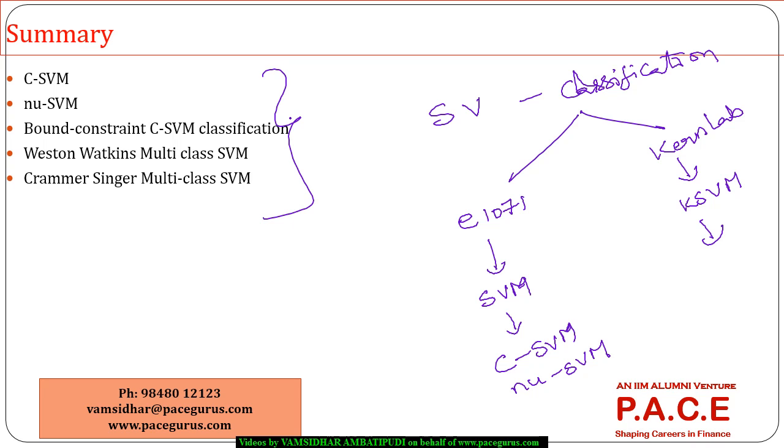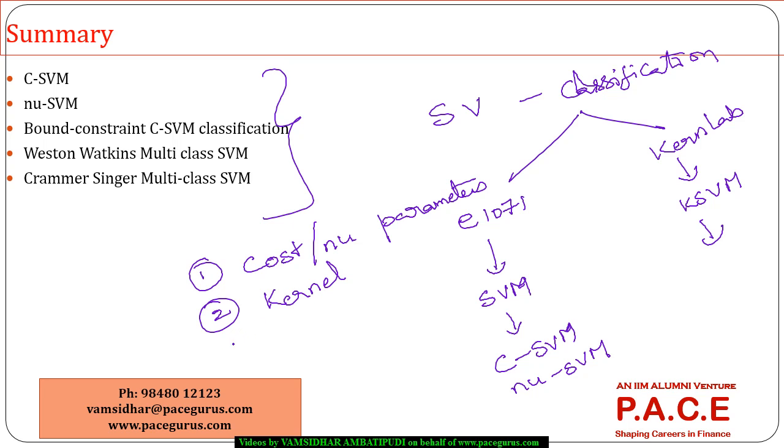So we need to be comfortable with respect to these two models, because within them they give us the options to really change the cost, the nu, and various other parameters which are general to almost all the models. Then the kernel is something that I can very well change. So this svm supports 4 different kernels, whereas kernlab supports 8 different kernels.